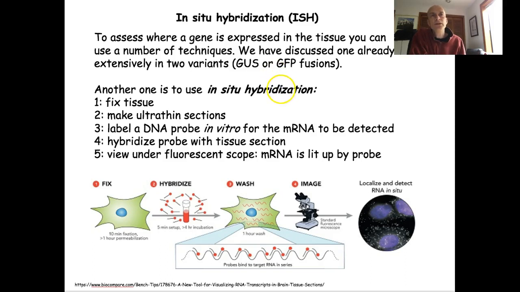But you can also use in situ hybridization. Very briefly, what you do is take the tissue and fix it. In this cartoon here, it's just a single cell. But if you have to first section, for example, a flower, you would have to embed that flower into a wax block so that you can make thin sections.